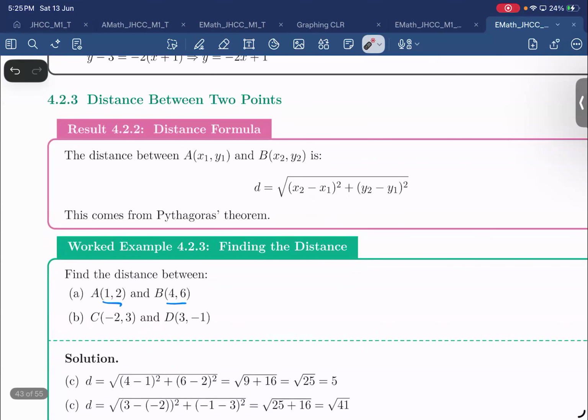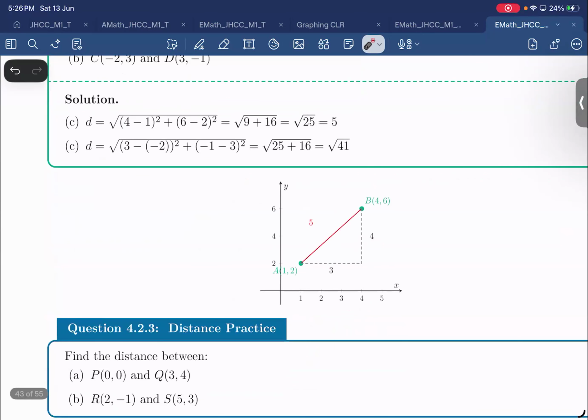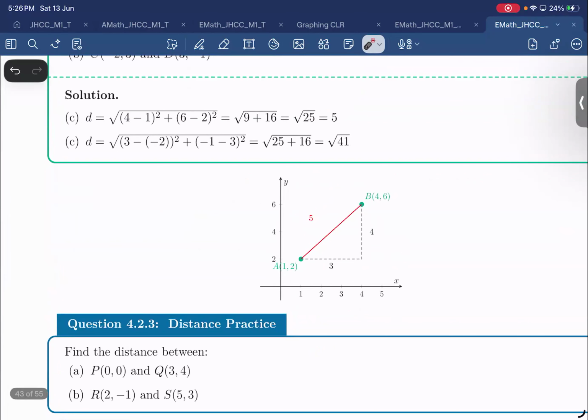Then for the second one, 3 minus minus 2 squared plus minus 1 minus 3 squared, which is the square root of 41. This is what it looks like, an illustration. Any questions about distance? Calculating this is pretty simple.